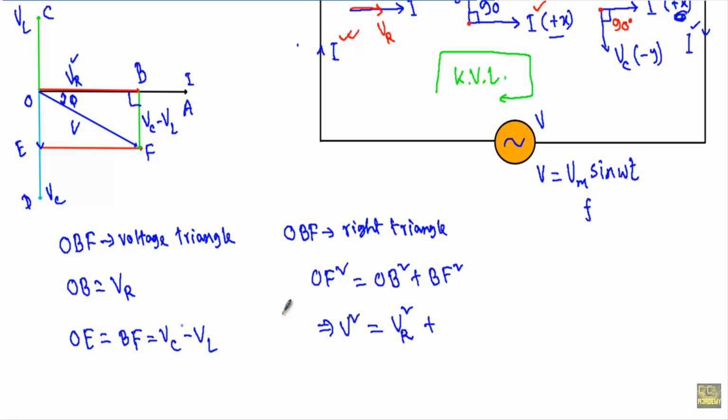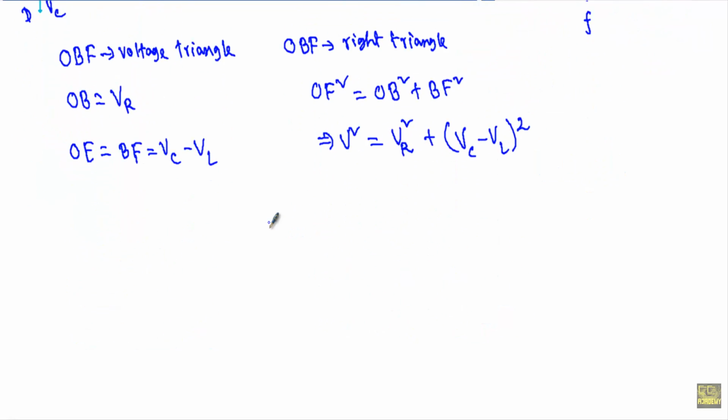BF is equal to OE, so it will be VC minus VL whole square. V square equal to VR square plus (VC minus VL) square. V square is equal to IR whole square plus IXC minus IXL whole square.